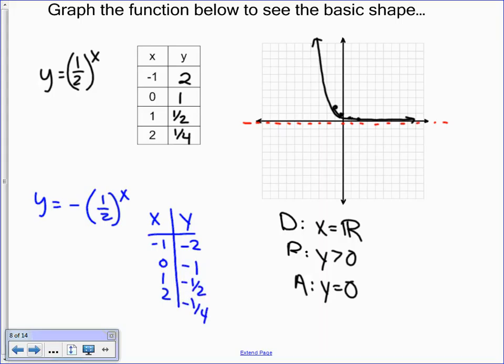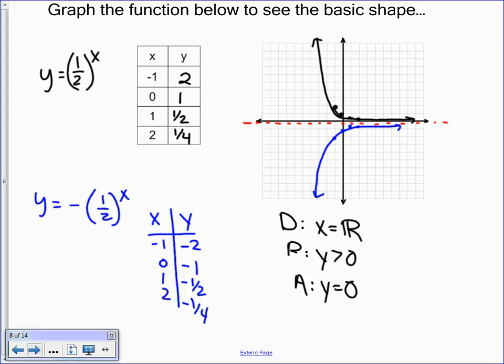Everything just gets multiplied by this -1 that's in front of my function. And then if I were to plot those points, I would have this graph that shows up underneath my asymptote.